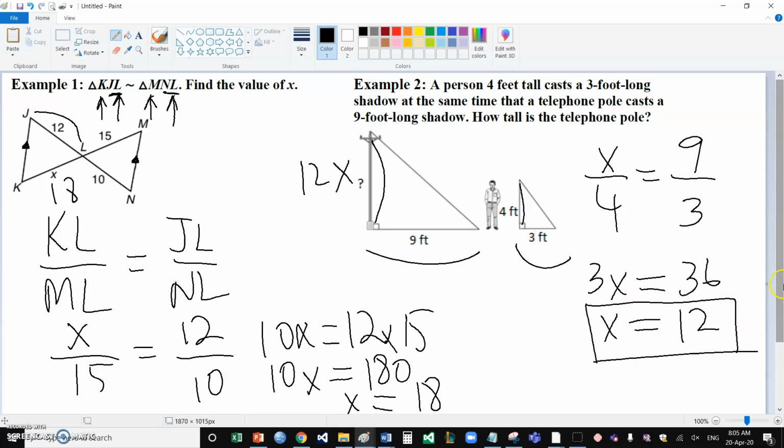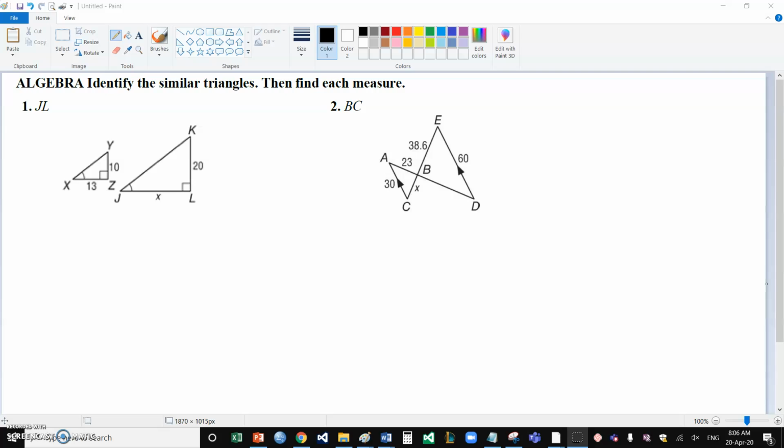Okay, let's do some more exercises. Identify the similar triangles, then find each measure. Let's look at this first example. We have this angle equals this angle, and these two angles are both right angles.